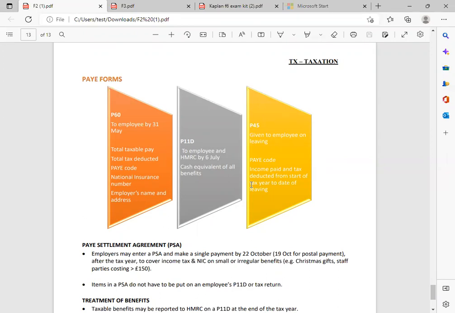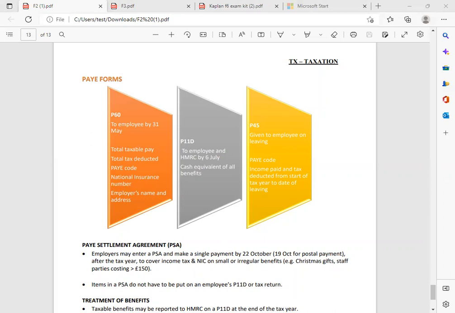And Jason will give a copy of this form to his new employer, which is subsequent PLC, so they know the history of Mr. Jason's employment income and income tax. So that's all for this question.